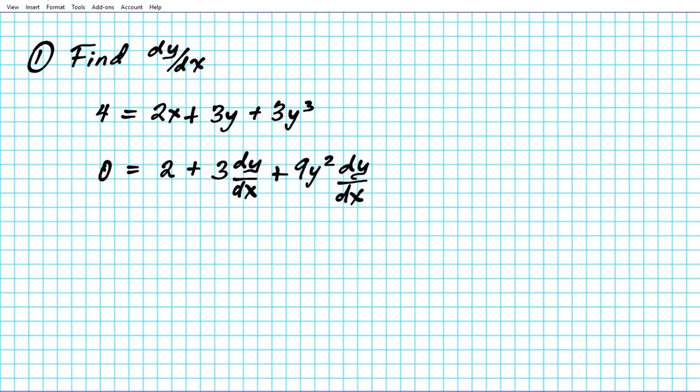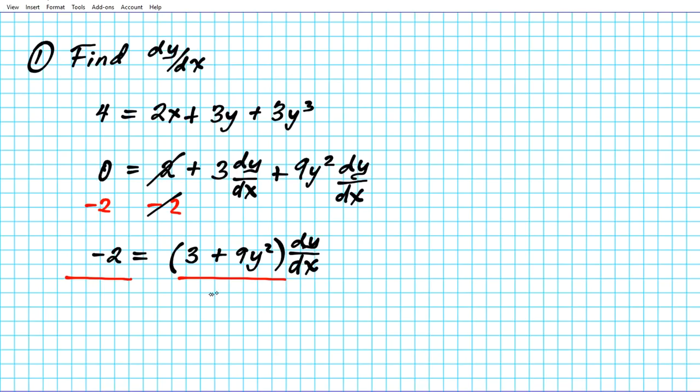So we can just subtract 2 from both sides of this equation to accomplish that desired form. When you cancel this out, subtract that from both sides, I can factor out dy/dx. Okay, so we have 3 plus 9y squared, factor out dy/dx. Last step, to isolate dy/dx, we're going to divide both sides of the equation by the coefficient of dy/dx, which is 3 plus 9y squared.